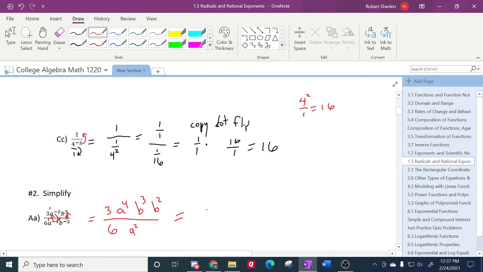And then 3 divided by 6, divide by 3, and then these a's, divide by a squared, divide out, it knocks out 2 of these, and then these b's are going to combine. So what I'm going to get is a squared, b, visualize 3 b's, 2 more b's, b to the 5th, over 2, and that's it.